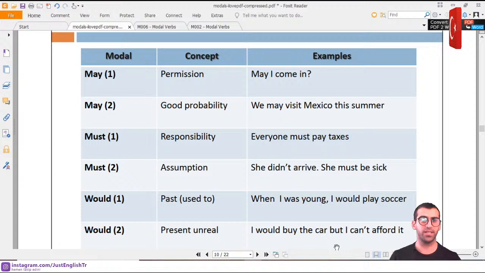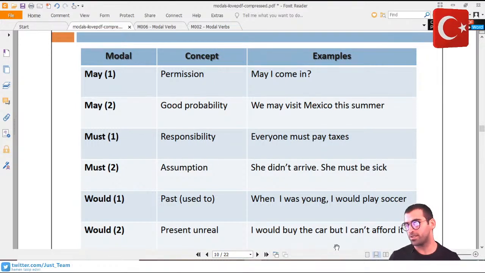The second meaning of using would is about present unreal. As you know, in English we have unreal sentences, for example, second conditional sentences, third conditional sentences. For example, if I had $1 billion, I would buy a house in LA, Los Angeles.